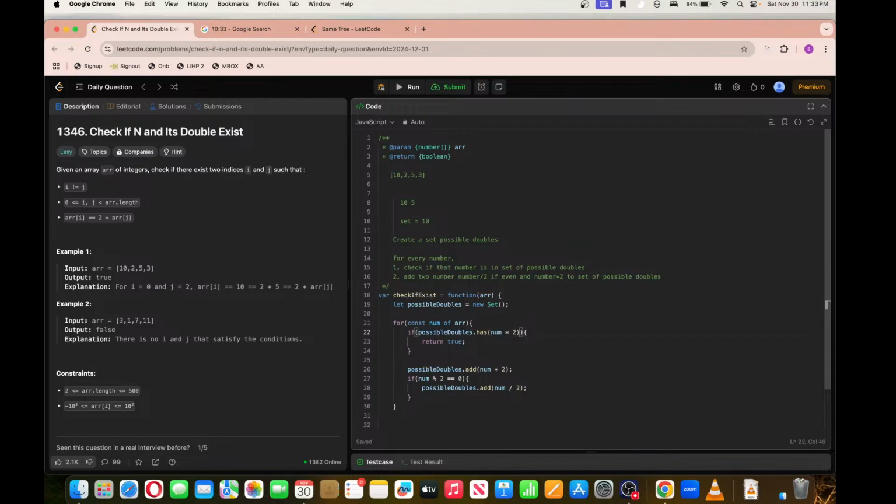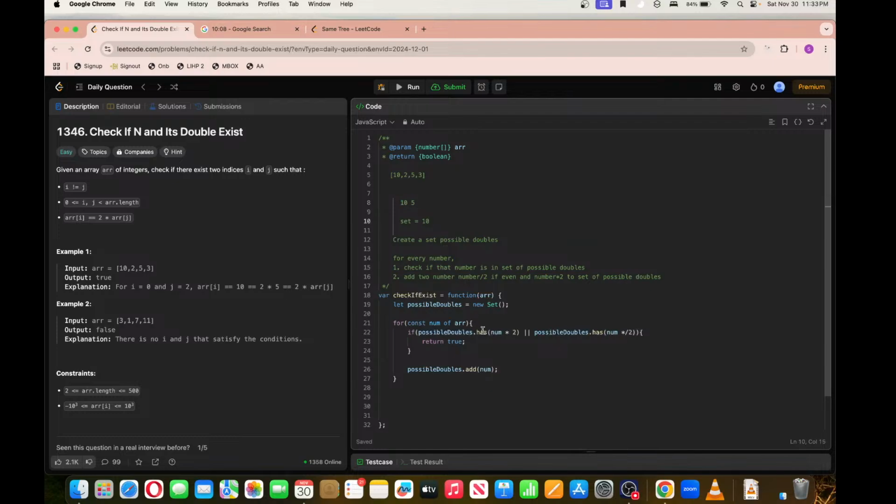Actually I can do this, right? Number divided by 2, if it is here, then I can just return. Otherwise I can just add the number here. So if it's 5, then 5 times 2 is 10.